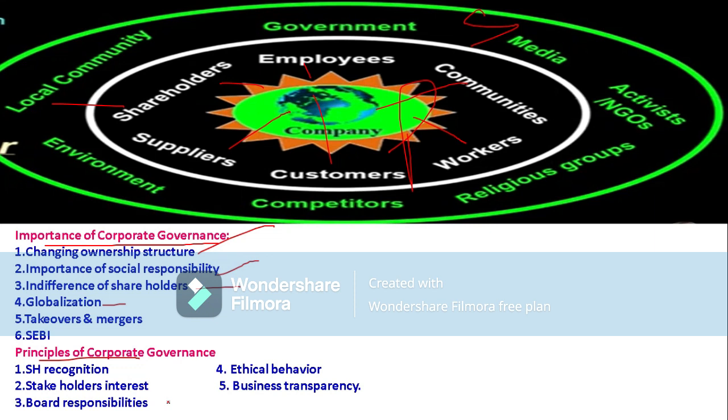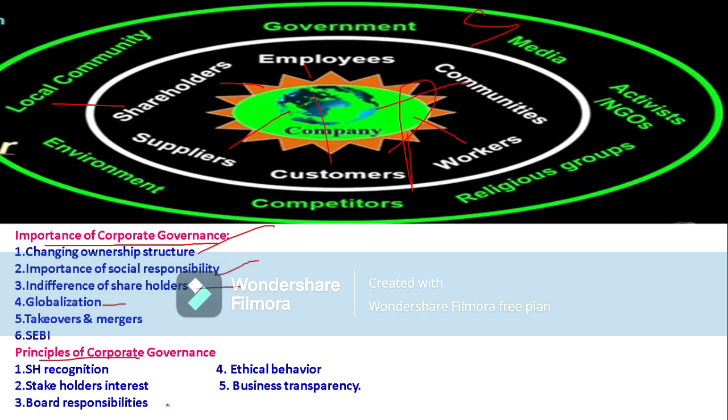Because the board of directors plays an important role. They act as trustees, they take financial decisions, they formulate policies and procedures of the organizations. Therefore corporate governance sees whether the board of directors are responsible or not. Why? Because stakeholders' interest depends upon their decisions.